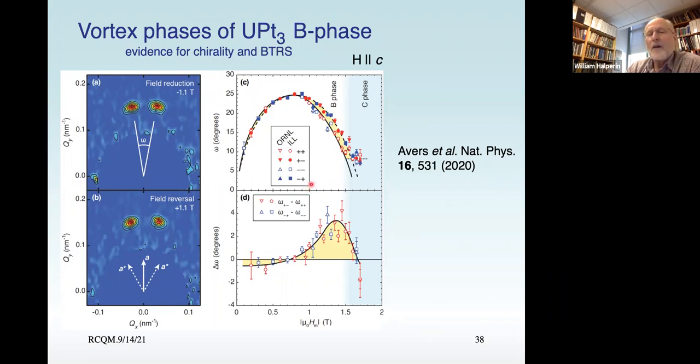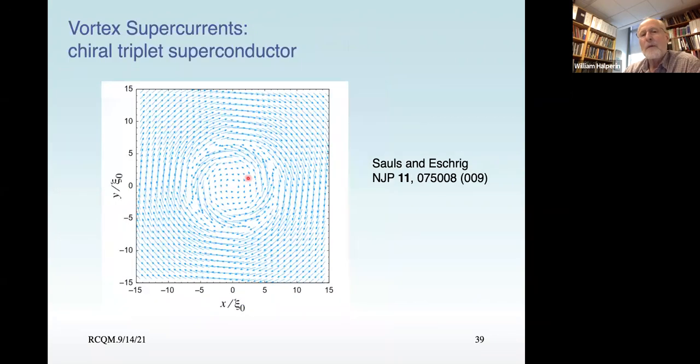You're increasing proportionately the vortex density, so that at some point you're going to reach a magnetic field, and that turns out to be just in the region of this turnover, in which the spacing between the vortices marks the vortex core electric current reversal or supercurrent reversal from being counterclockwise in the core to clockwise outside the core in this calculation of Sols and Escherich.